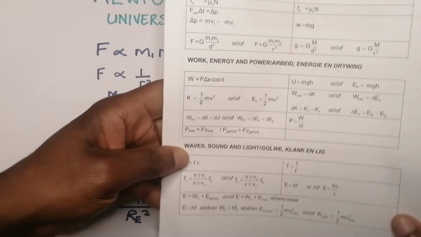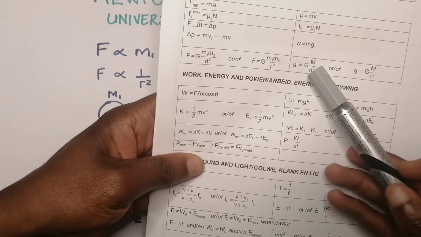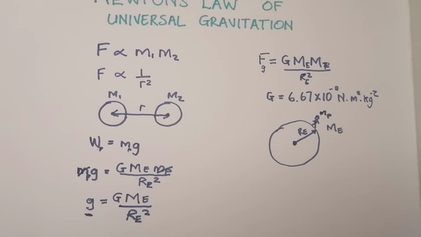You can see that this would be the mass of the Earth, this would be the radius of the Earth, and therefore it is independent of the mass of an object. So what I want to do quickly, ladies and gents, is just show you the application. This is quite a straightforward application. I want to show you quickly how we would apply this principle.